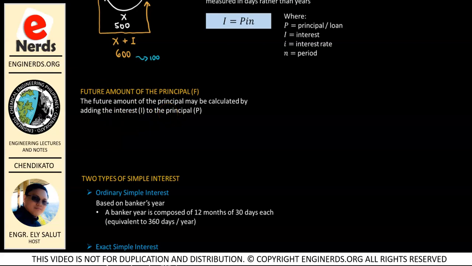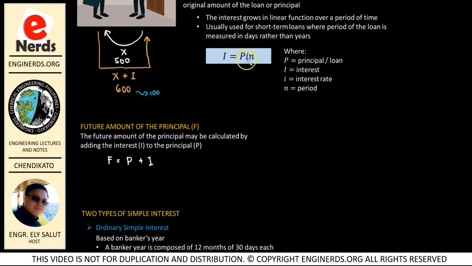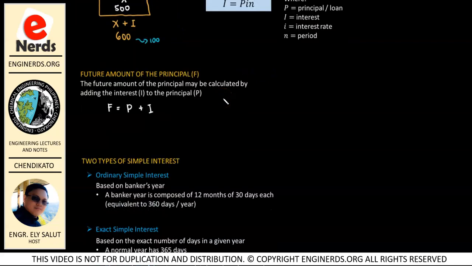So, para makuha yung future amount, anong ginagawa natin? We'll just need to add yung principal sa ating interest. So, future amount is equal to principal plus the interest. But we know from here that interest is equal to PIN, so we can substitute that. Future amount is equal to P plus PIN.